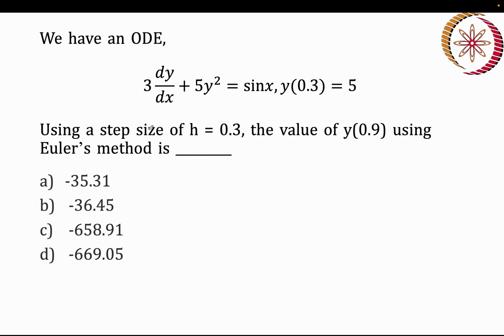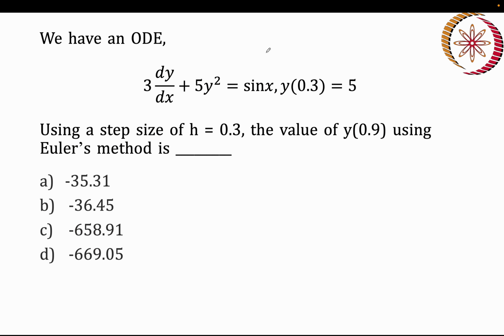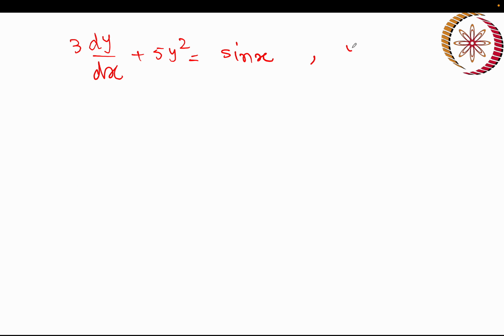Okay, so this is the question. 3 dy by dx plus 5y square is equal to sin x, and y at x equal to 0.3 is 5.